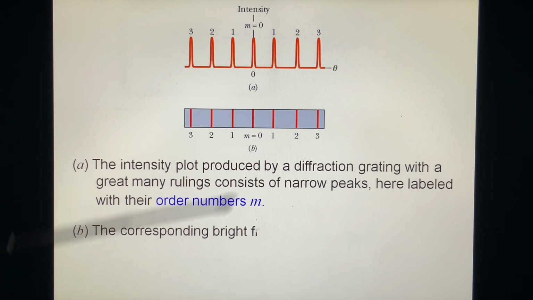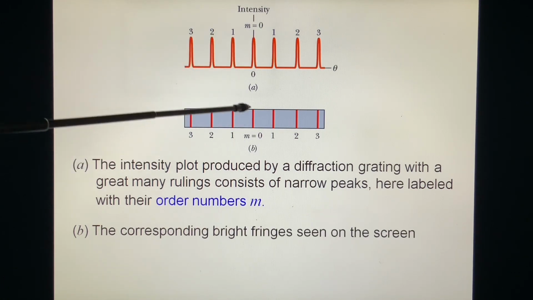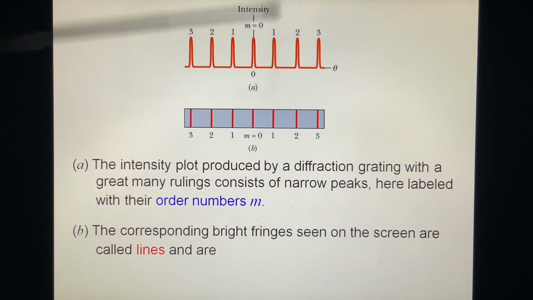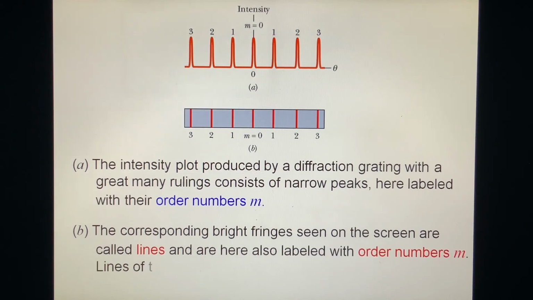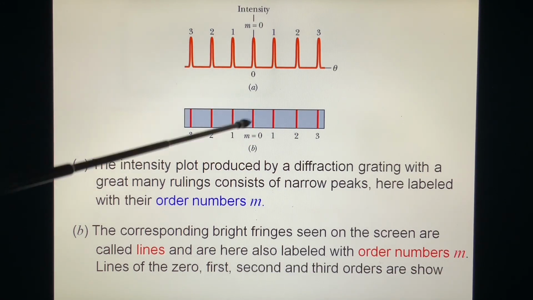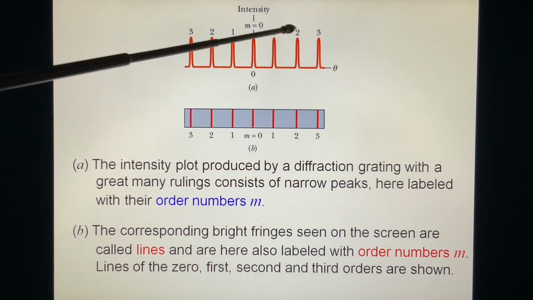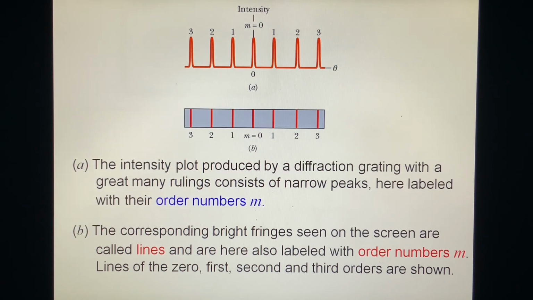And you look at the picture of this diffraction pattern. The corresponding bright fringes seen on the screen are called lines, and they are also labeled with the order number m. This is m equal to 0, m equal to 1, m equal to 2 on both sides.